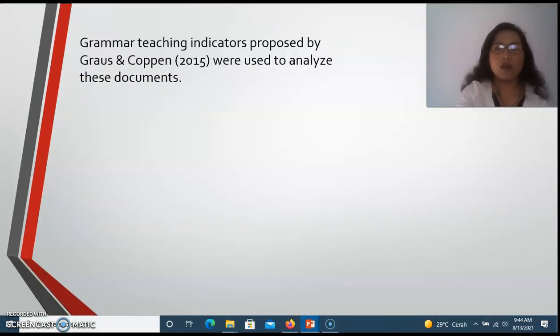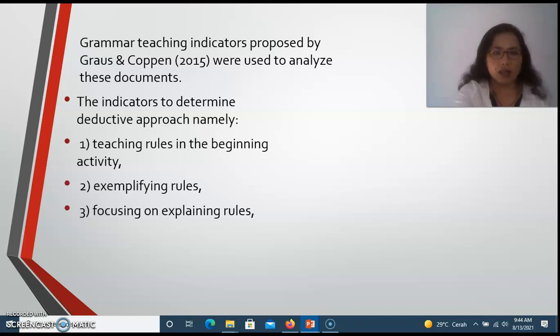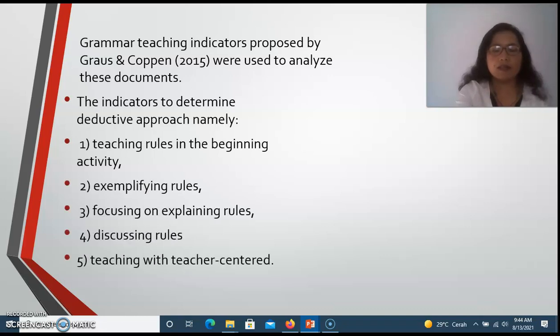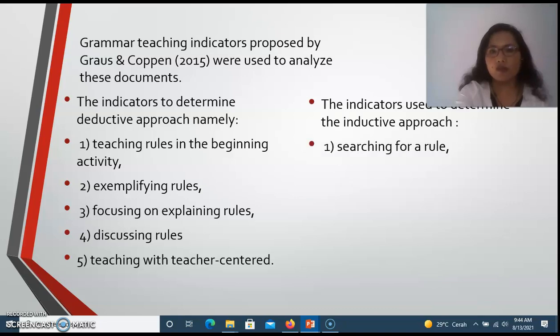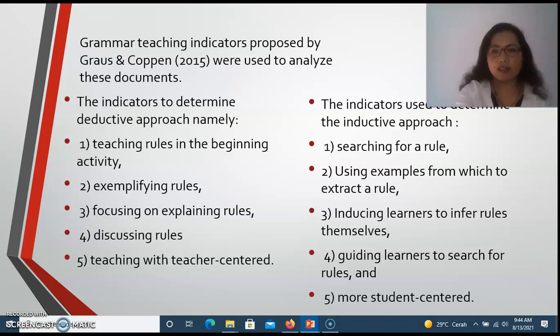And to see whether the teacher used deductive or inductive, several indicators of grammar teaching approaches by Gross and Cohen were used. So you see in the slide that there are several indicators to indicate the deductive approach, and several indicators to indicate the inductive approach.